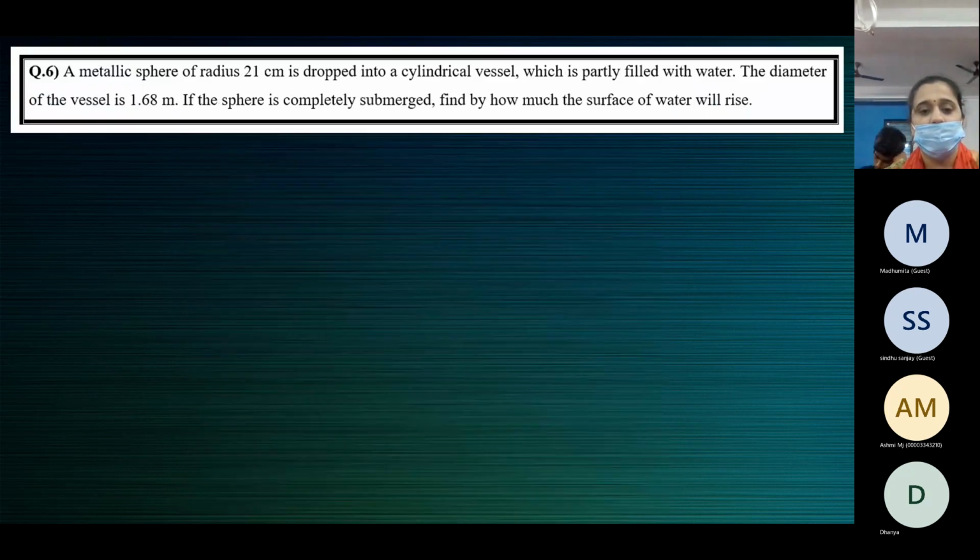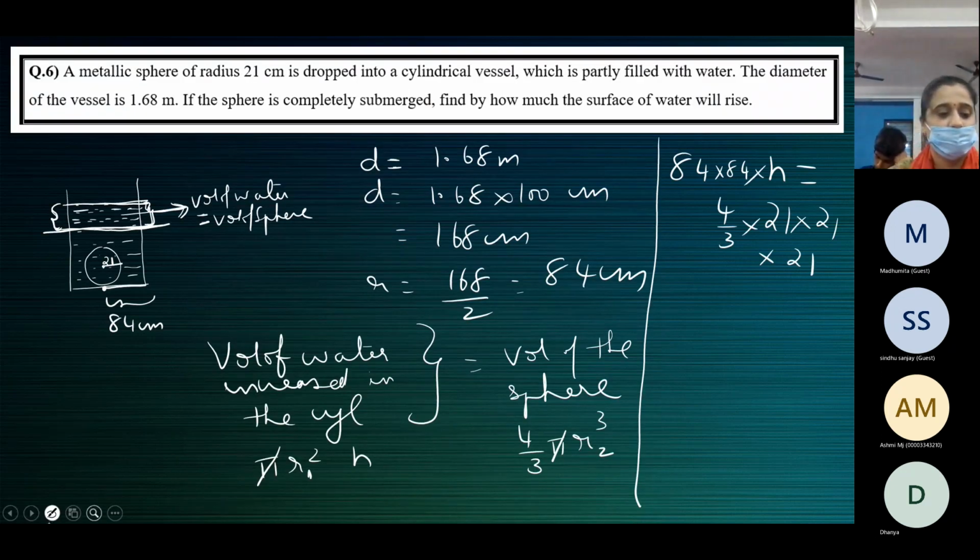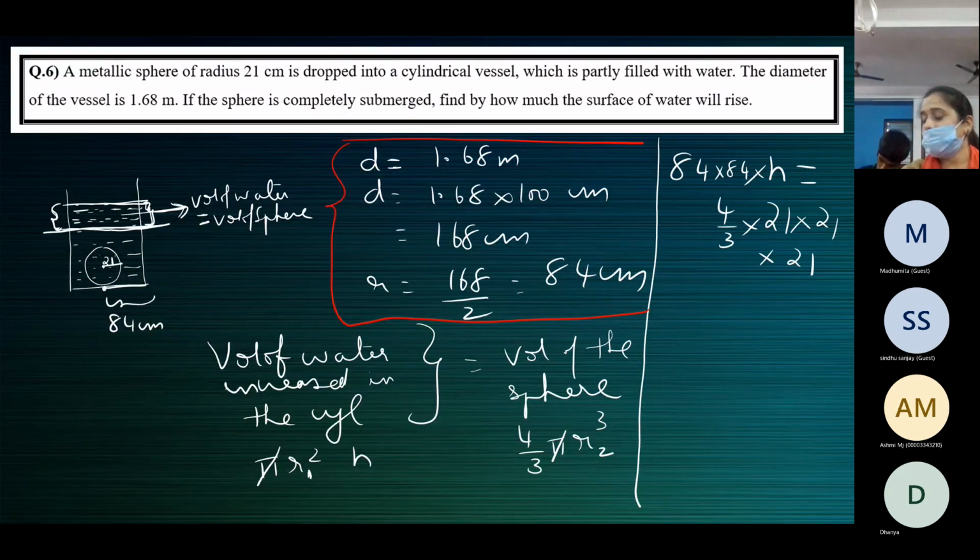You can take down this for the radius part. For radius, you can just take down this one. How we get 84? Or your own method, whatever you've done. Diameter is 1.68, so into 100 and then by 2.